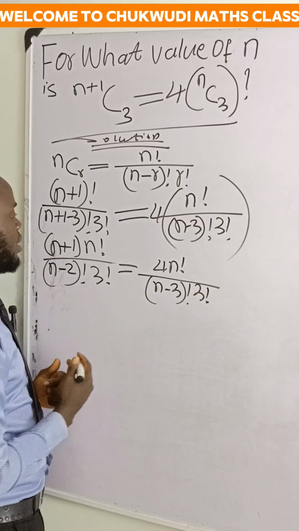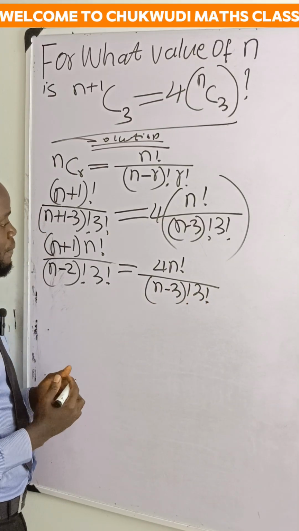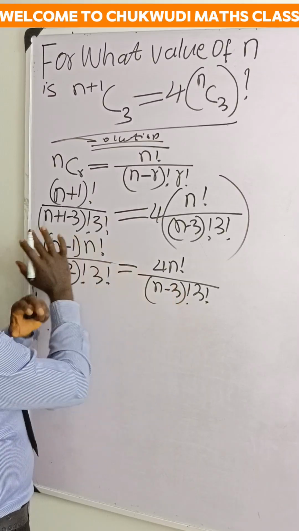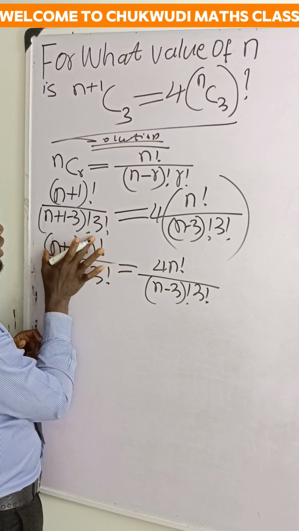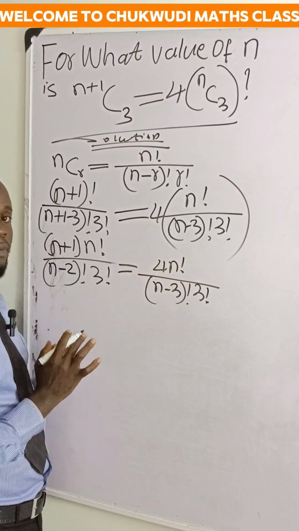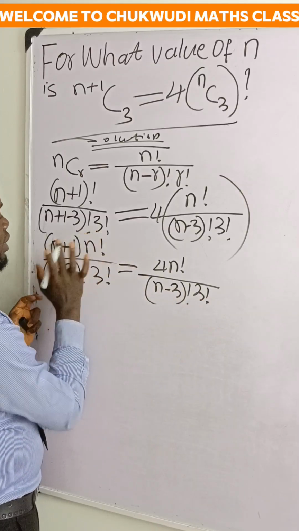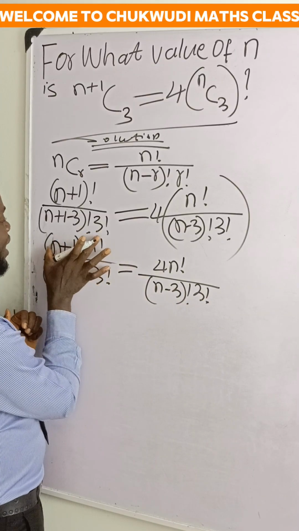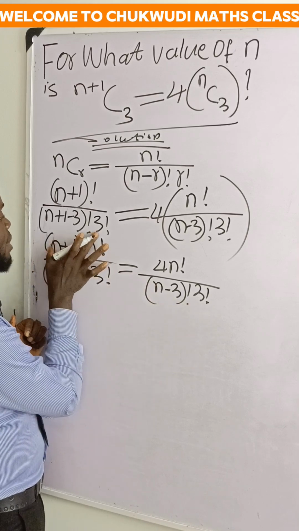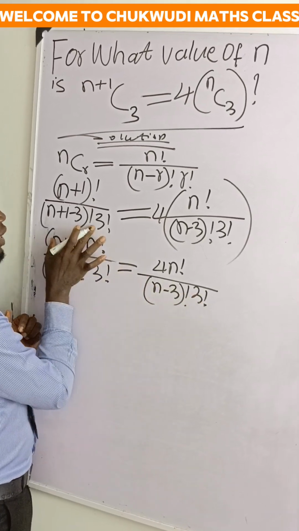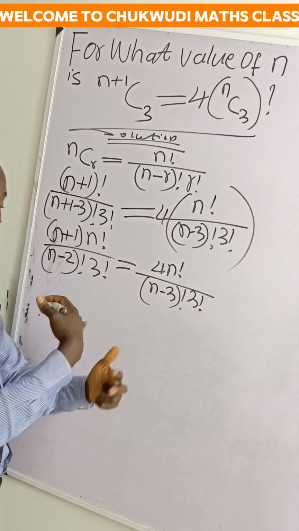Then I can now cross multiply, so that this one will multiply this one and this one will multiply this one. If I interchange, that is if I bring this one here and keep this one here, I'll still have the same thing if I cross multiply.